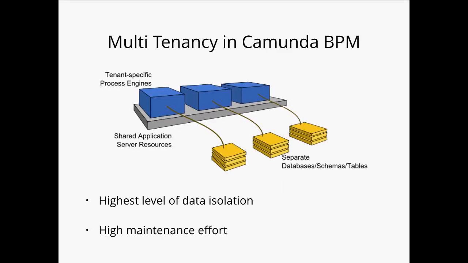Here's the first one. This is the concept of one process engine per tenant, and that's what used to be there for the last couple of releases of Camunda BPM. You can set up one process engine per tenant and have separate databases, schemas, or tables, depending on how you set it up.